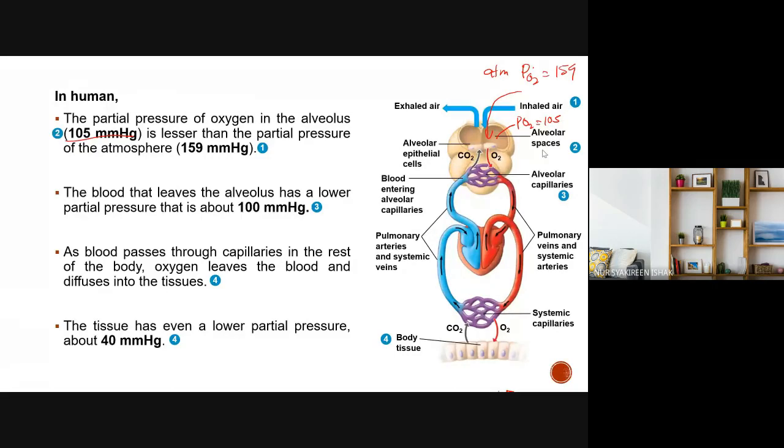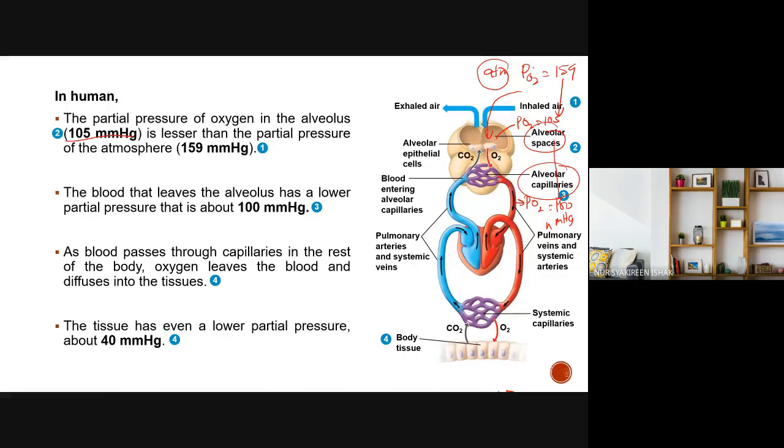So the blood that leaves the alveolus has a lower partial pressure, that is about 100 millimeter mercury. So in the blood vessels, partial pressure of oxygen is 100. Nampak tak? Tadi saya dah tulis kan? Okay. So daripada 159 ke 105 ke 100. From the atmosphere into the alveolar spaces, into the blood vessels.